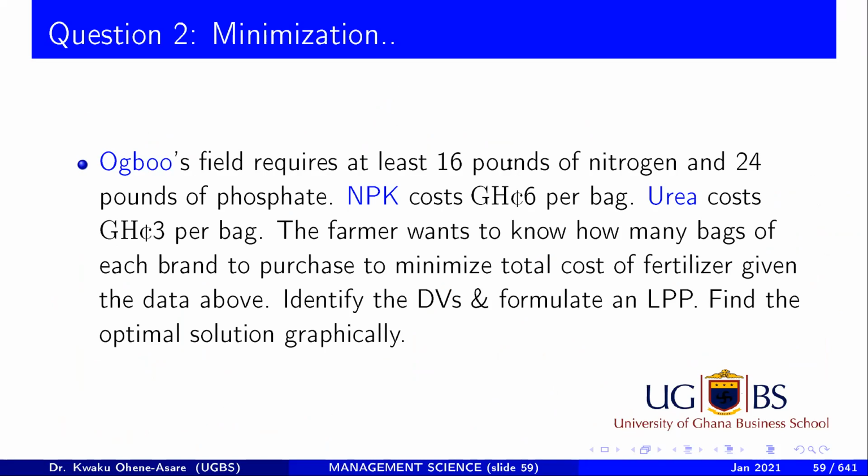If Ogbo's field needed no more than 16 pounds, that is less than or equal to 16 pounds. If it is no less than 16 pounds, which is what we have here, then it becomes at least 16 pounds.